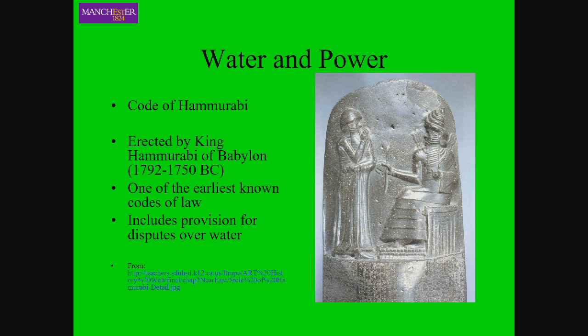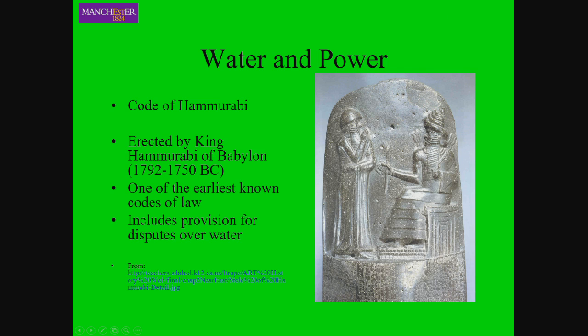So out of all the things that we require, water, maybe after air, is maybe the next most fundamental one. We can't survive without it. So water and accessing water has always been very strongly interlinked with power.